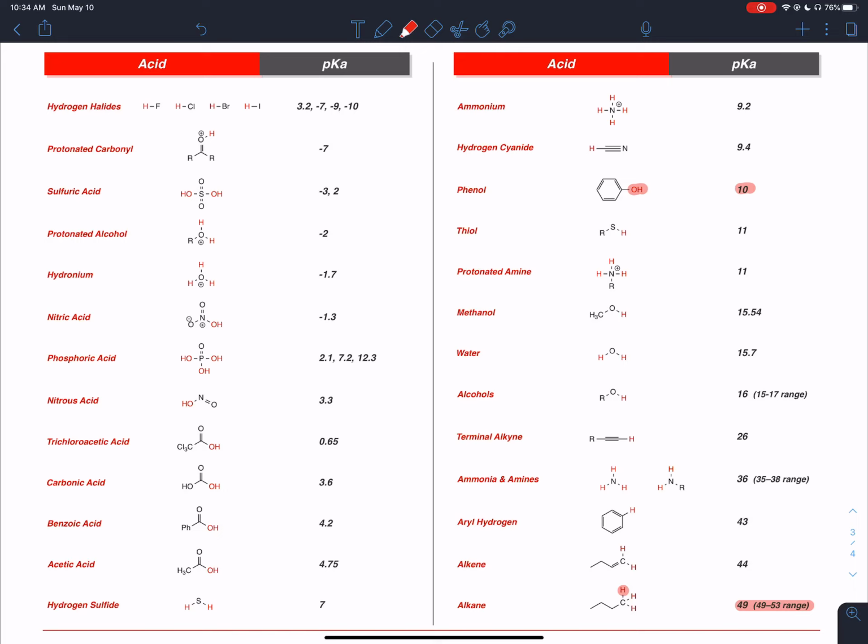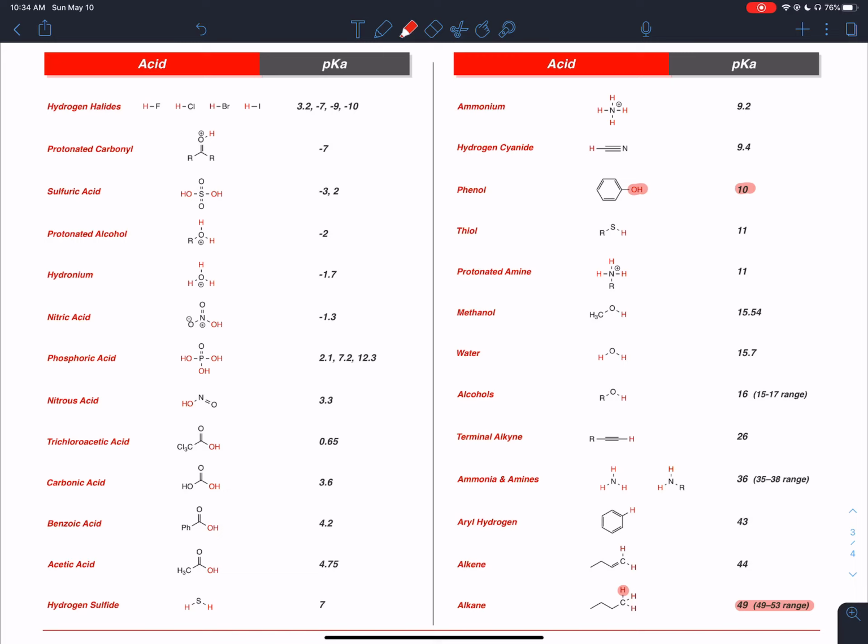At the end of the day, though, sometimes it's hard to make a comparison just looking at the factors. And that's where pKa will come in, meaning you can use pKa values to more definitively make a statement, yes, I know this acid is more acidic than that acid because I know its pKa value. So I can't stress this enough, pKa, pKa, pKa.